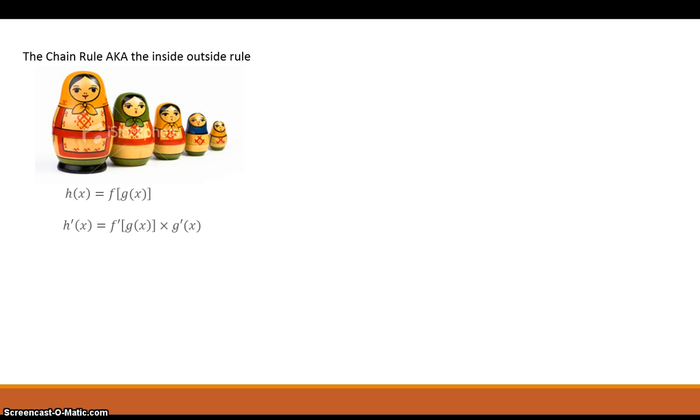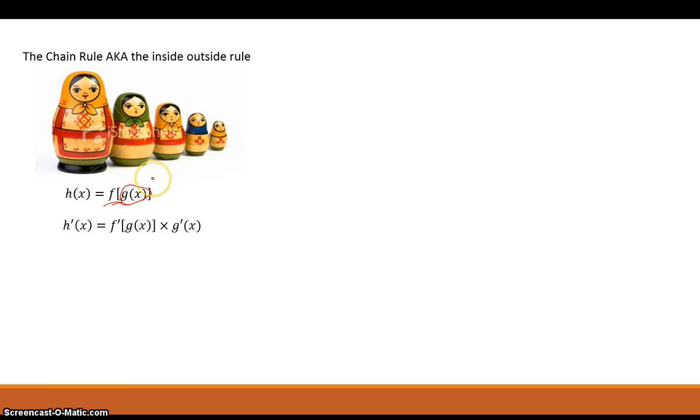And the chain rule was as follows. You have a function h of x equal to f with an internal function of g of x. So you've got this outside function we're just going to call f, and an internal function that's g of x.